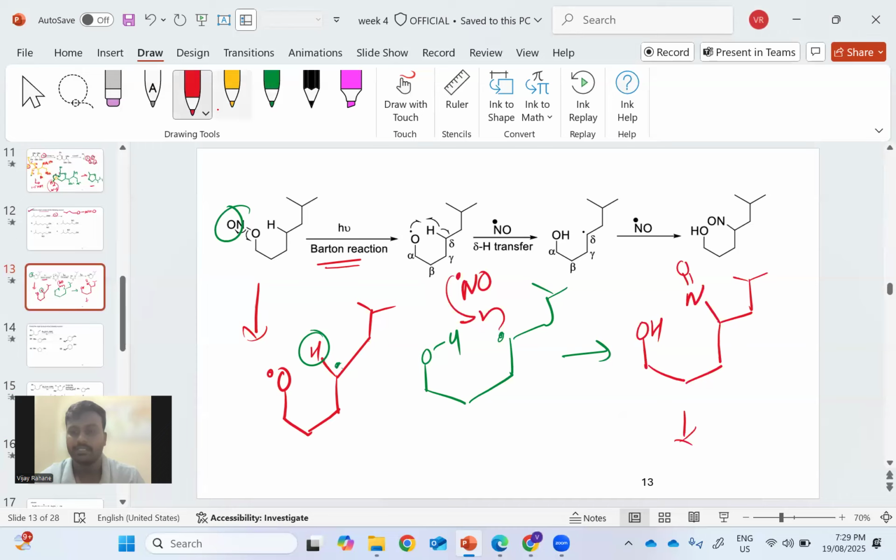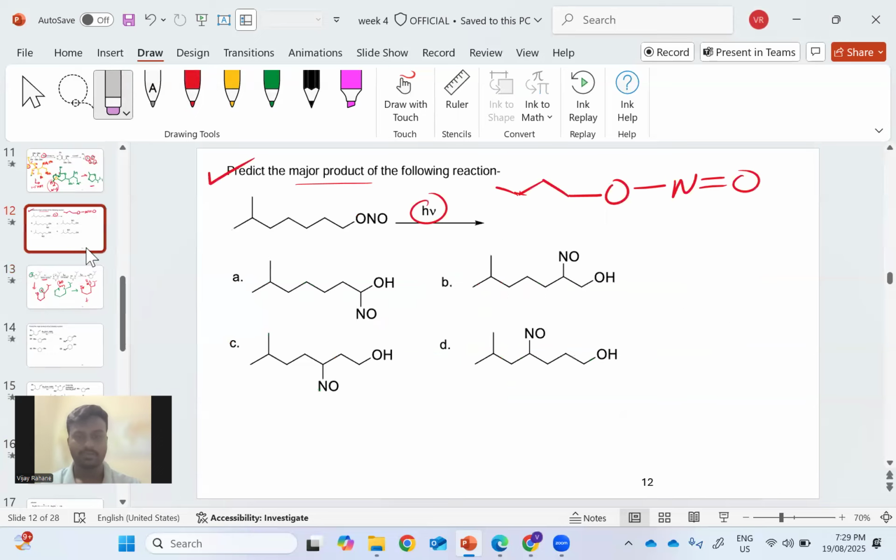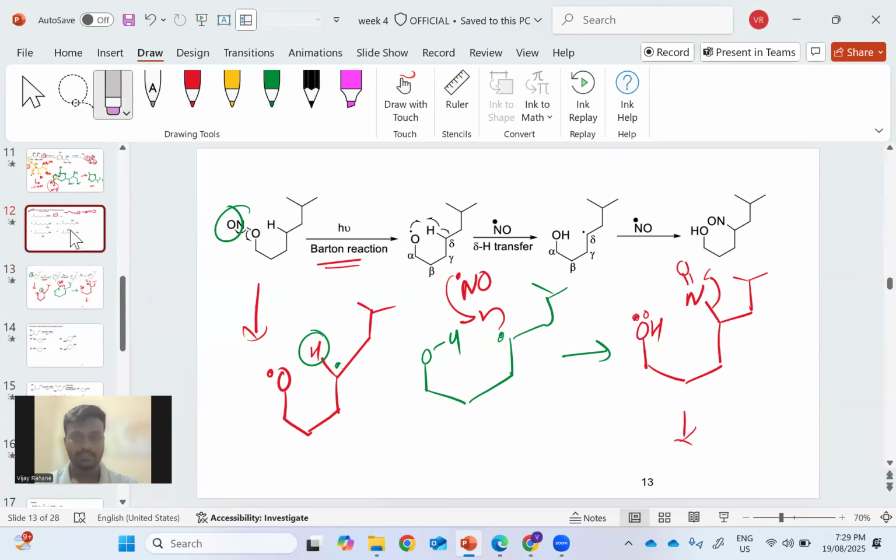Further, it might be similar to what we saw earlier: cyclization and all such steps. Then the ONO might again get into the other possibility. But we have only up to here, no further reactions.